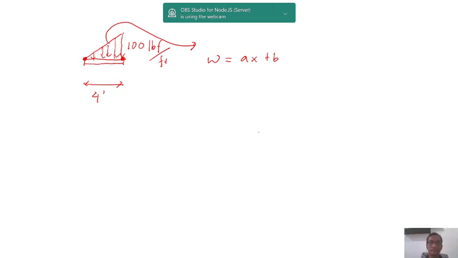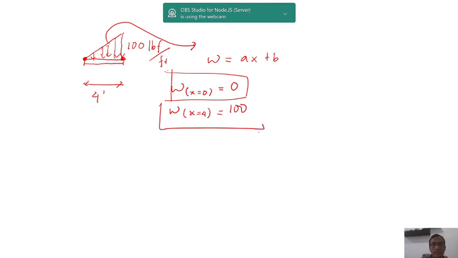At x equal to 0, the value of W is equal to 0. And we know as well that the W at x equal to 4 feet is 100 lbf per feet. Using these two data, we can get A and B.